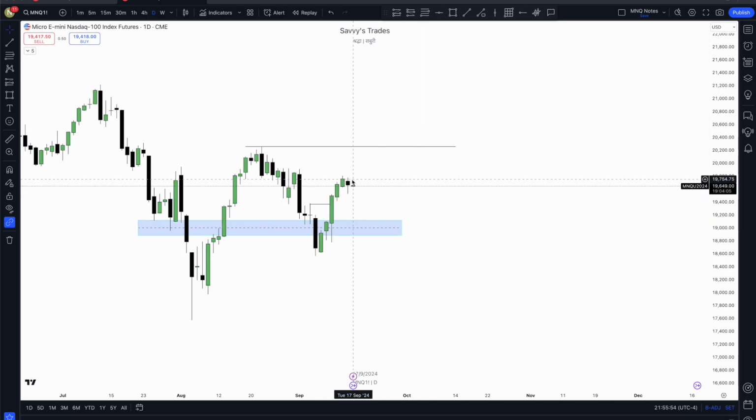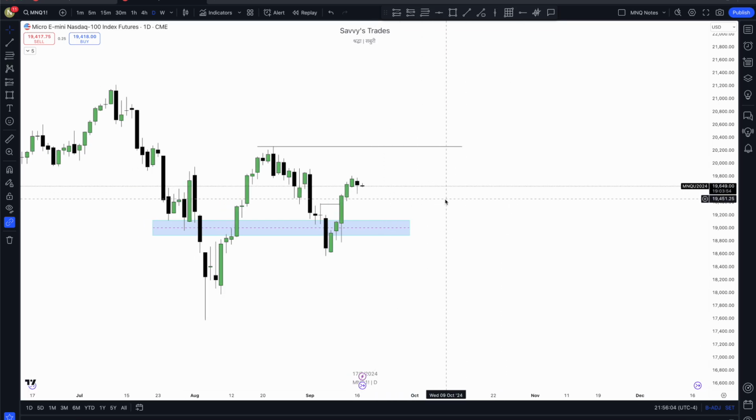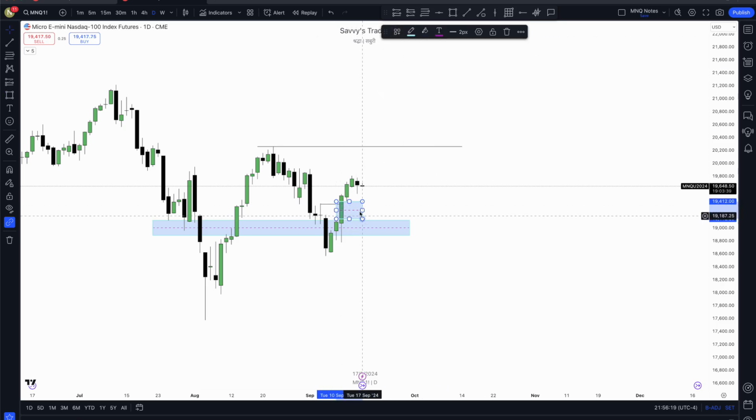So again, it's Monday, it's a no news day. What that means is I am not expecting any large expansion moves. There is going to be a lot of consolidation that happens today. Now, since price has been moving higher, we have created these two BISIs. We have one fair value gap here, and we have another fair value gap right at the top here.